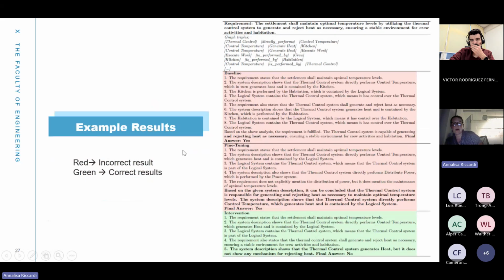And this is another example, a requirement from the moon base engineering models, again with the corresponding information from the graph extracted and supplied to the prompt, and the comparison between the answer provided by the baseline model, the fine-tuned, and the intervention model, where the baseline and fine-tuned models both answer yes on the verification of the requirement when the true answer should be no. So our intervention method gets it correct.